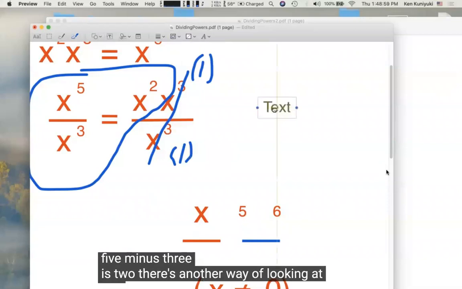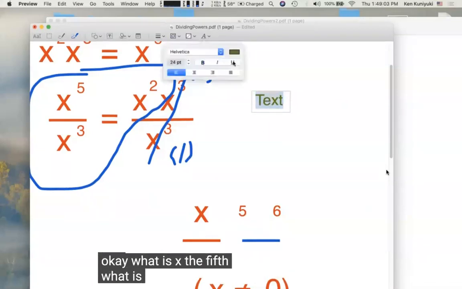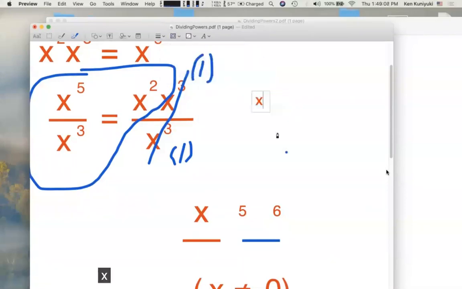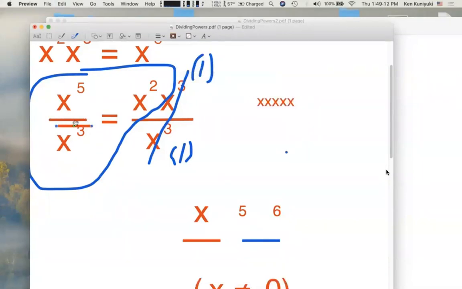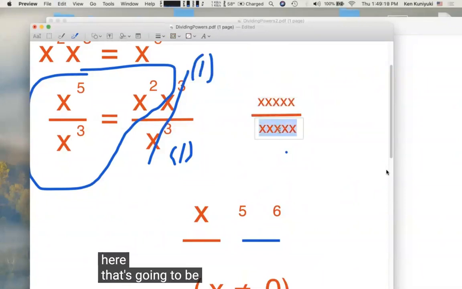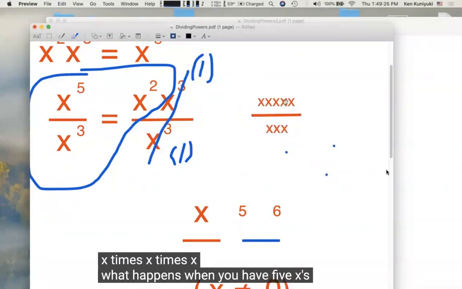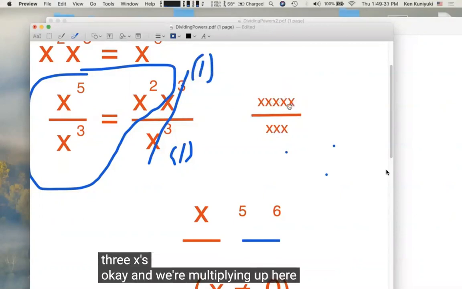There's another way of looking at this. What is x to the fifth? It's x times x times x times x times x, over a fraction bar. What's x to the third down here? That's going to be x times x times x. What happens when you have 5 x's over 3 x's, and we're multiplying up here and down here?